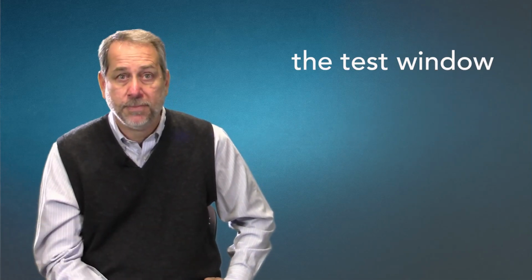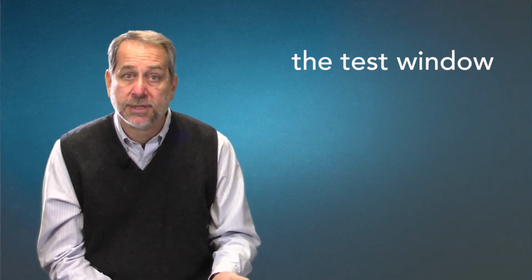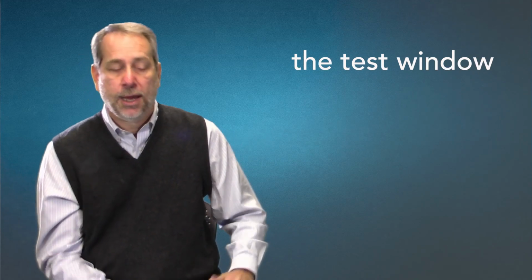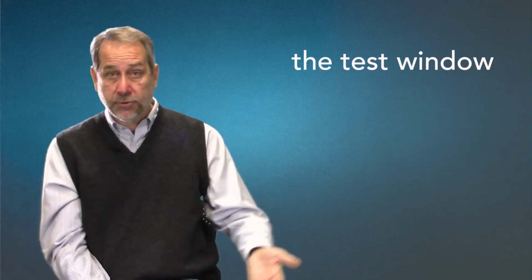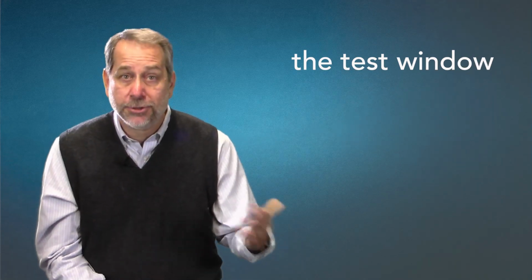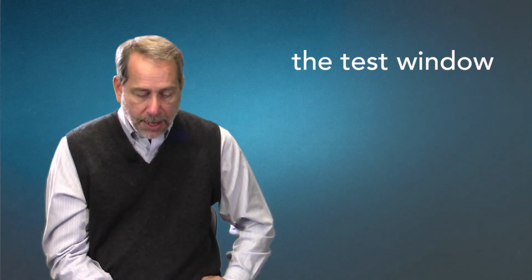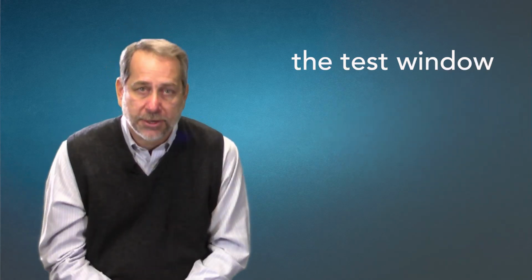So, all good. But if you start it at 11:45, it's still going to close at 11:59, even though you've only been working on it for 14 minutes. When it reaches the end of the window, it's going to close. So whatever you do, make sure you start no later than 10:59, so you have the whole time for the test. But actually, realistically, you will want to start earlier than that.